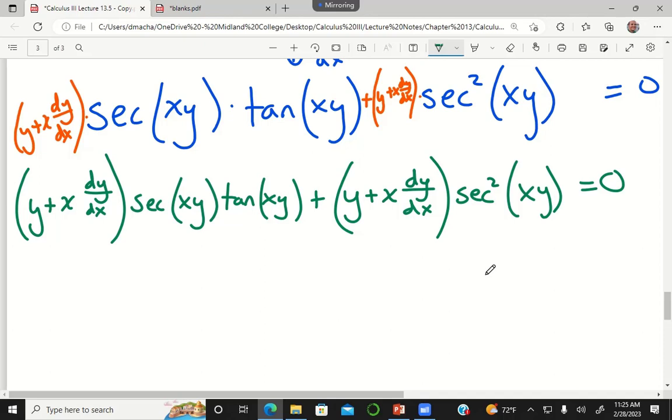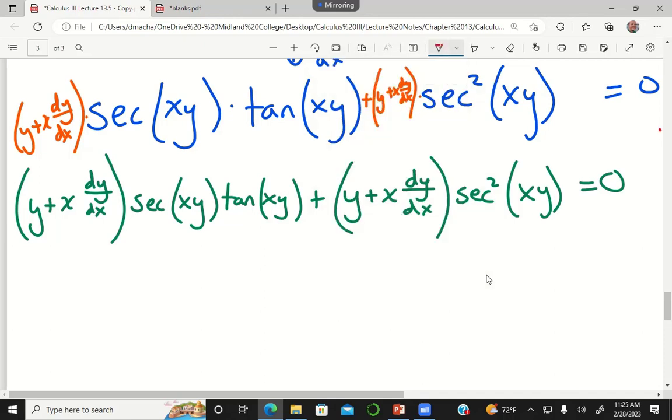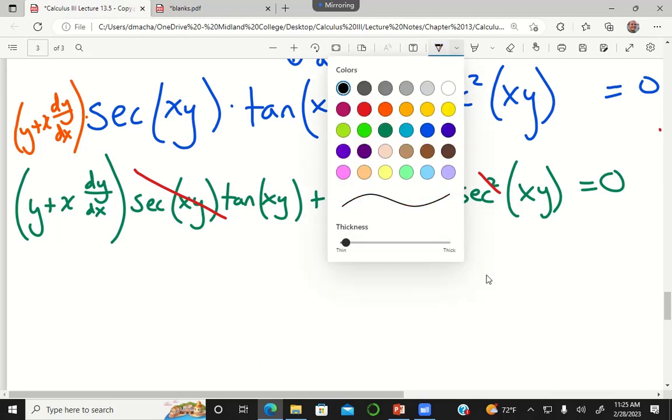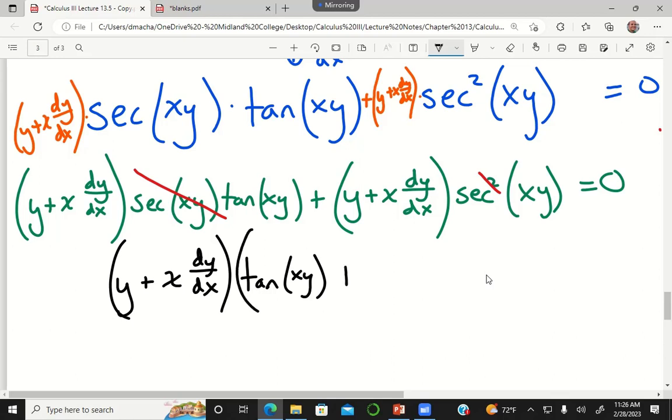So here we can think about dividing both sides of this equation by secant, right? So 0 divided by secant is going to be 0, and then this is going to simplify down to y plus x dy dx, I'm trying to isolate the dy dx by itself, times tangent xy plus secant xy.